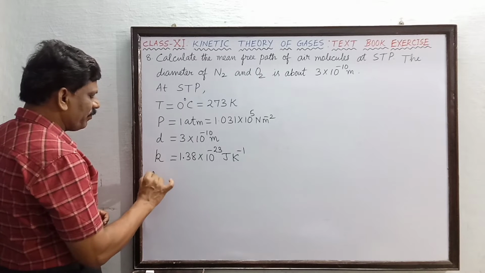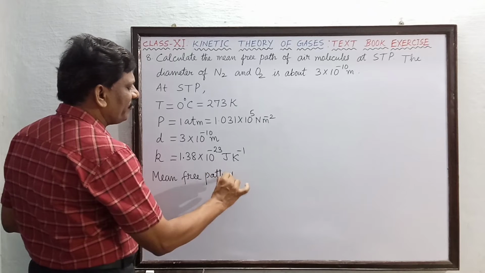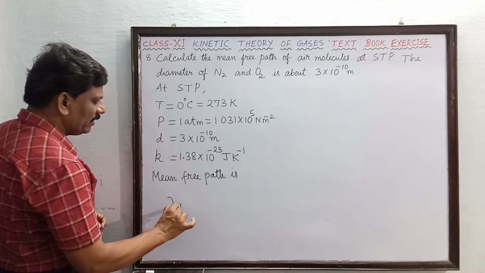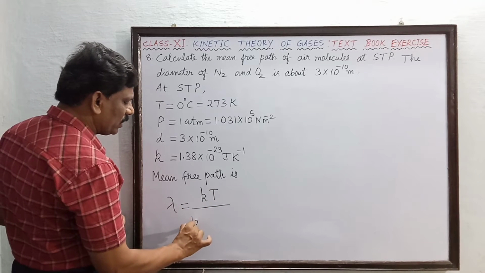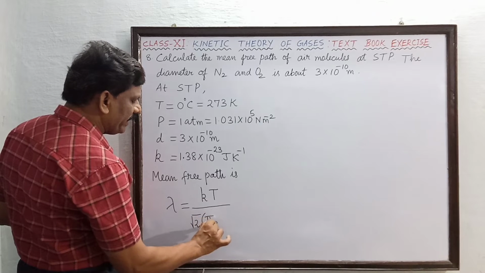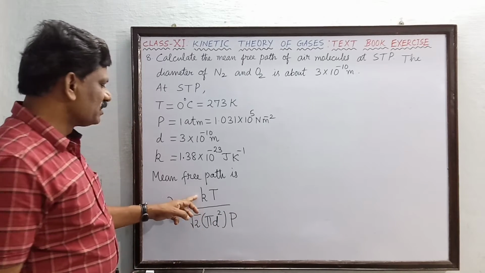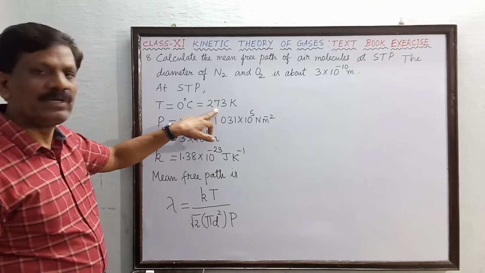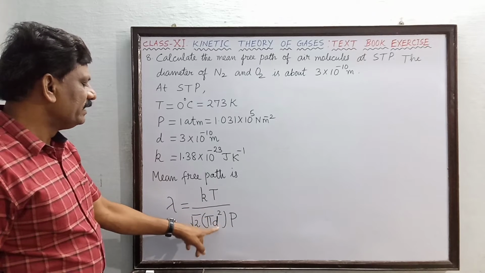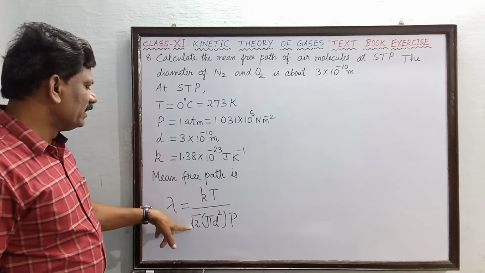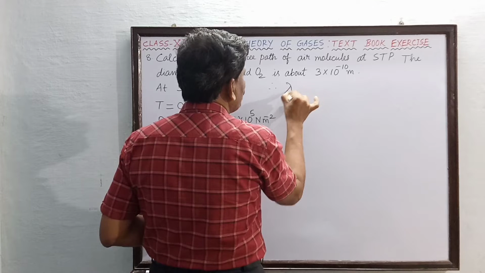So the mean free path lambda is given by the equation: lambda is equal to kT divided by square root of 2 times pi d square times pressure P. Is it not? k is the Boltzmann constant, T is the absolute temperature at STP, P is the pressure at STP, and d square is the diameter square. Square root of 2 is a constant, pi is a constant. Therefore, now we have to substitute the values.